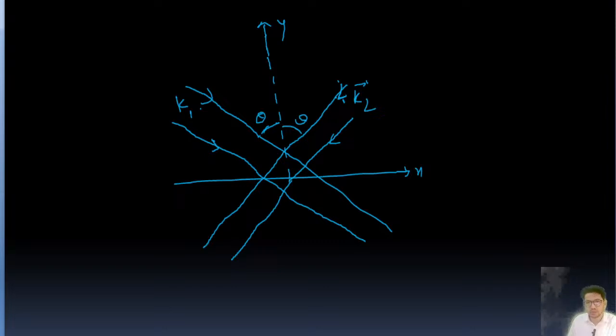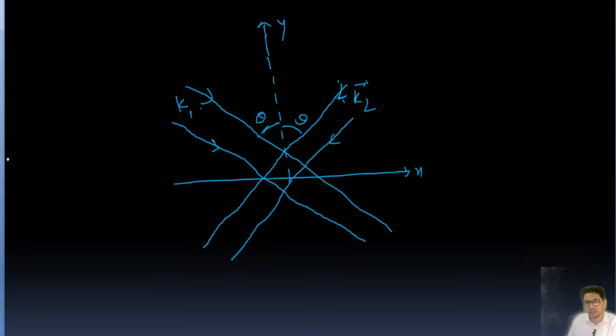So the electric field vector E1 for the first wave, we know that all are in z direction, right? So z cap, this is the wave equation we are writing: A e to the power iota omega t minus k1 dot r, where r is the position vector.